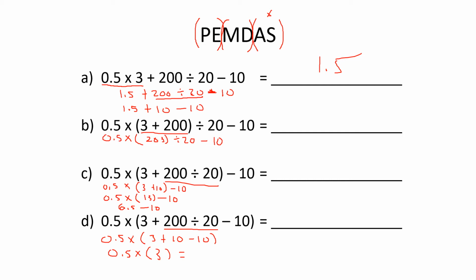So on B, the first thing we need to do is the parentheses, the addition. So very good. And then after we do the parentheses, we get that weird nasty number. So 0.5 times 203 gives us 101.5, and then you divide that by 20.